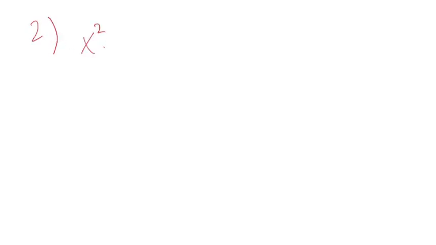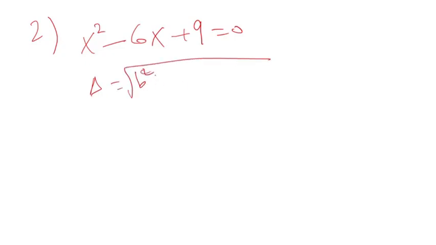Let's take another quick example. Let's solve x squared minus 6 times x plus 9 equal to 0. Again, delta is equal to the square root of b squared minus 4 times ac. In my case, a is 1, b is minus 6, and c is plus 9.